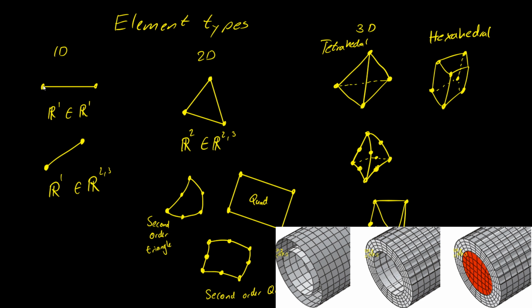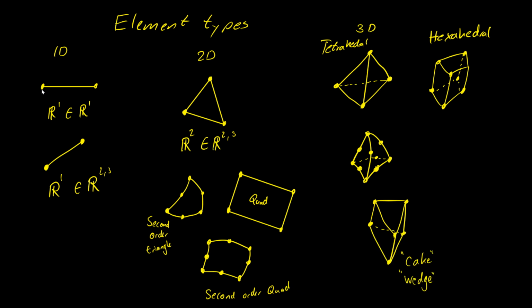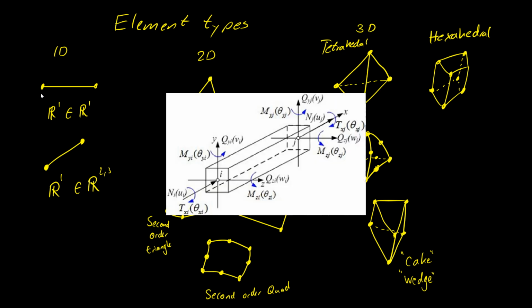So every node here has at least 2 degrees of freedom, but really they have 3 or even more. They have 6. So beam elements usually have 6 degrees of freedom. What you can do is translate every node in X, Y, and Z, and you can rotate every node in 3 axes. So 6 degrees of freedom. That's a typical beam element.